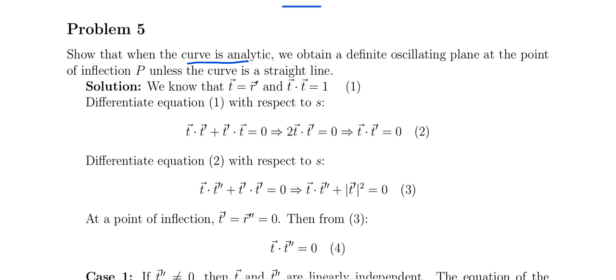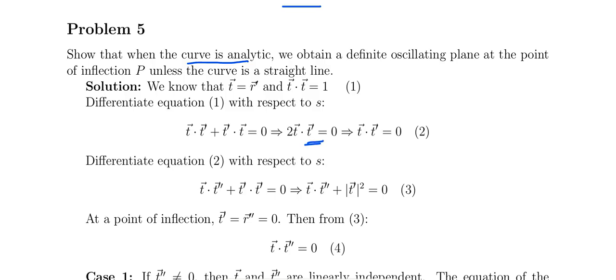When you differentiate with respect to s, what happens: one is t, the other is t dash. Differentiating the other one gives t dash into t. Am I correct? So 2 t vector into t dash vector. This is the t dash vector. Okay, this is the t vector. So t vector dot t dash vector equal to 0.